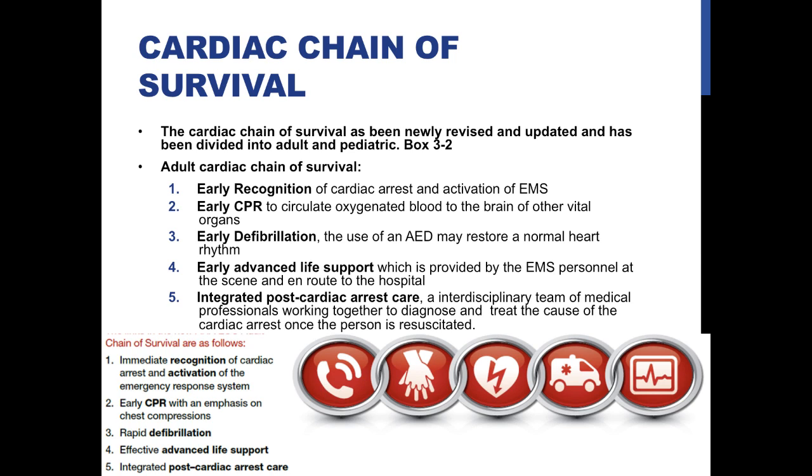And step 5 is integrated post-cardiac arrest care, so basically a team of multiple medical professionals working together to diagnose and treat the cause of the person's cardiac arrest once the person has been resuscitated. As I mentioned, make sure you know the 5 steps and make sure you know them in order.